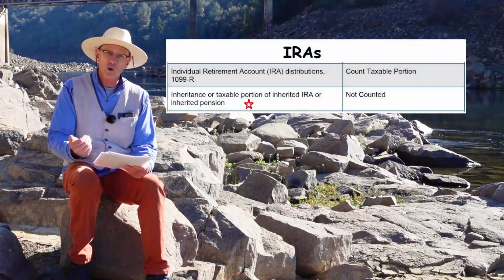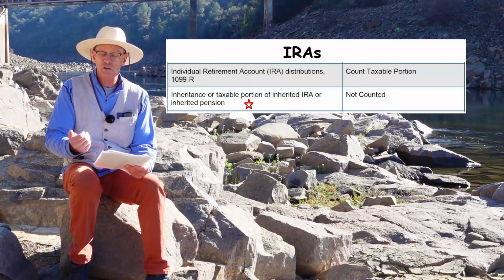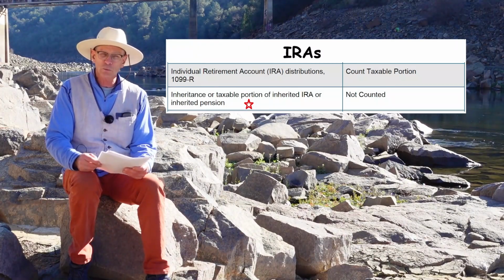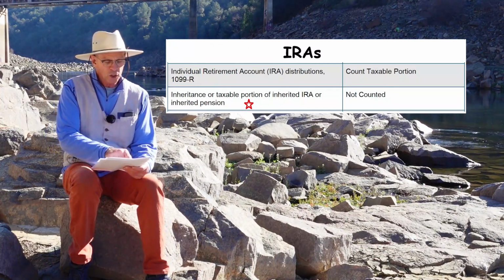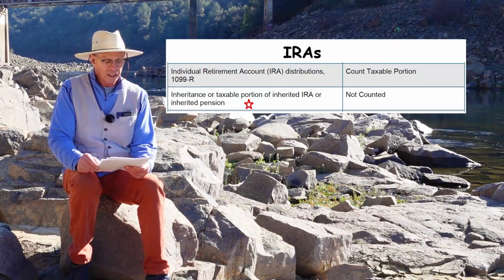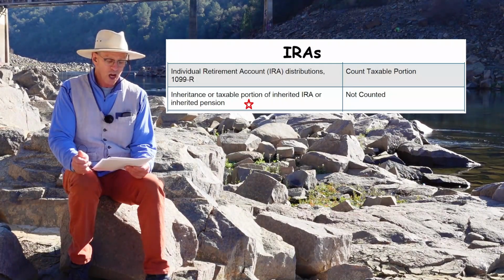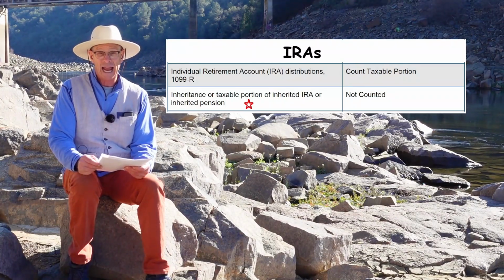IRAs, money you withdraw from an IRA is going to be taxable. Sometimes people are creating taxable events by switching from standard traditional IRAs to KEOs. You need to talk to your tax preparer about that. This is a question I have received a lot. Are inherited IRAs counted? Now, Covered California says inheritance or taxable portion of inherited IRA or inherited pension is not taxable.